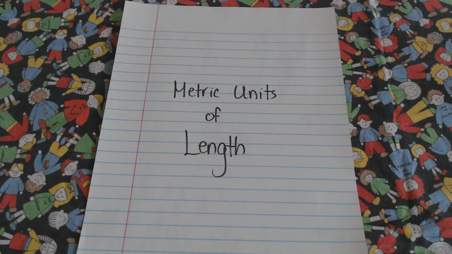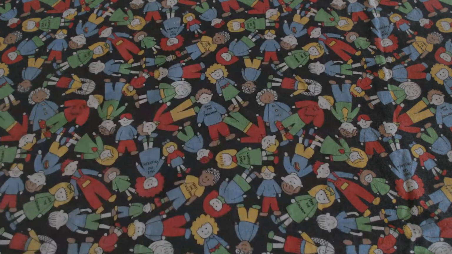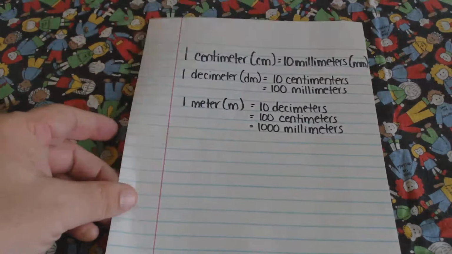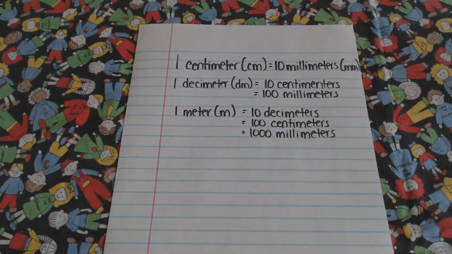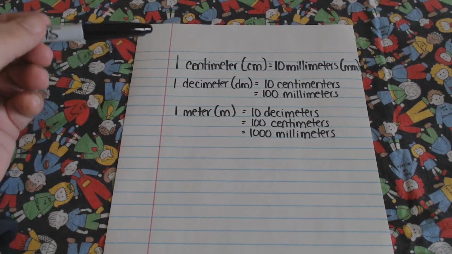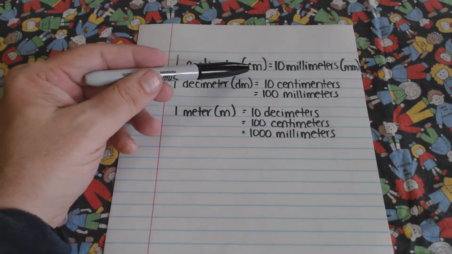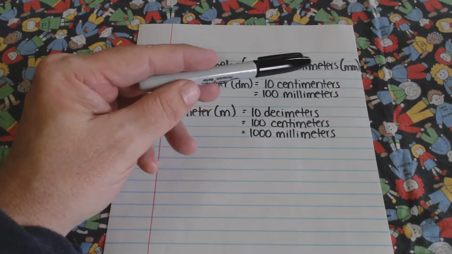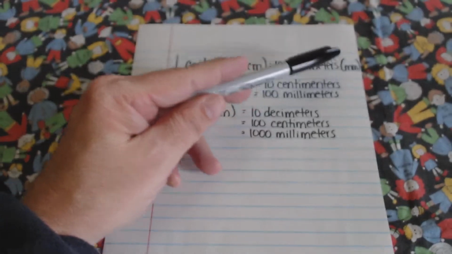Metric units of length. Just like we've been doing the last several days, we have some conversions we need to get into our notebook. Here we have 1 centimeter, abbreviated cm, is equal to 10 millimeters, which is abbreviated mm.